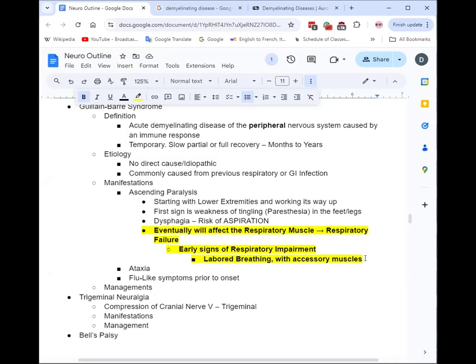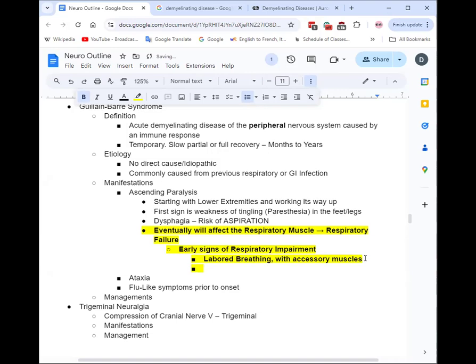Something else to think about is maybe Kaylin mentioned a weak cough. Kind of a similar idea to when your airway is closing.